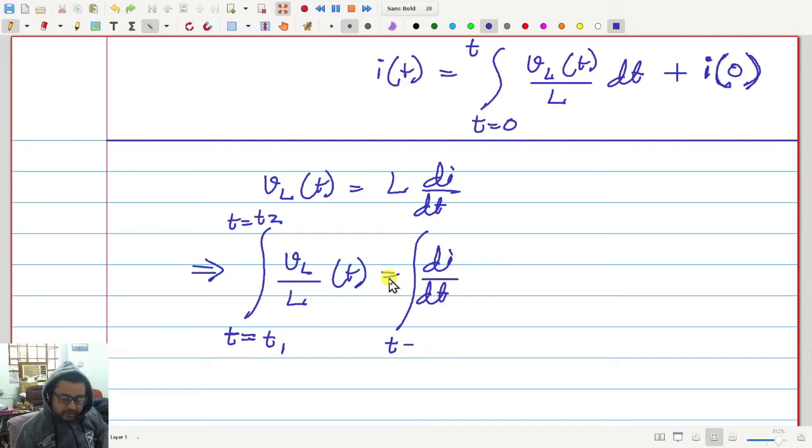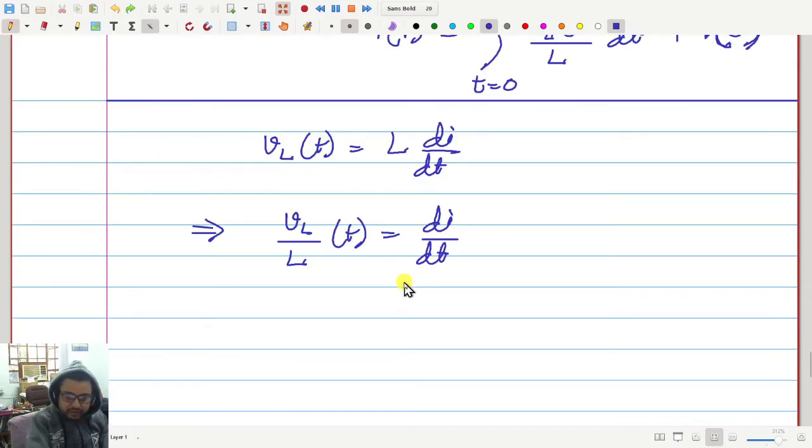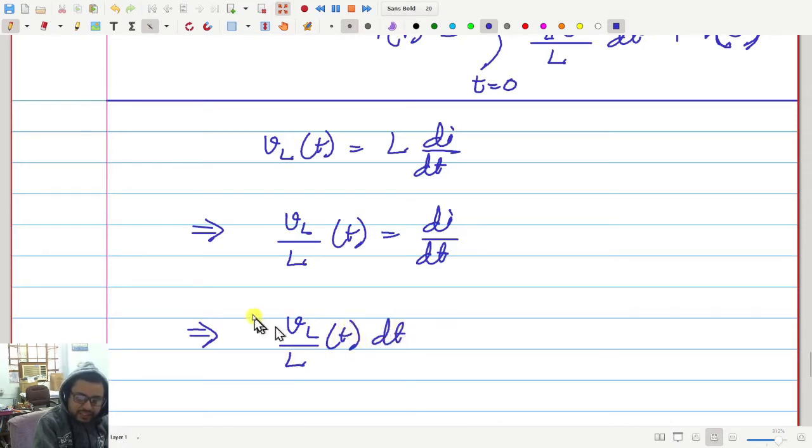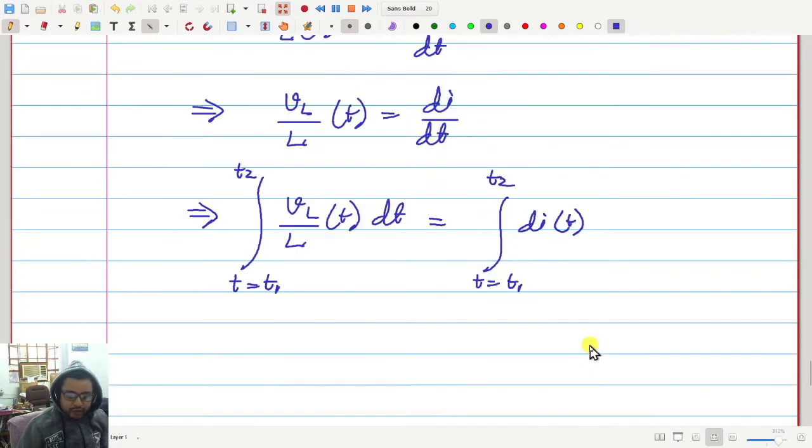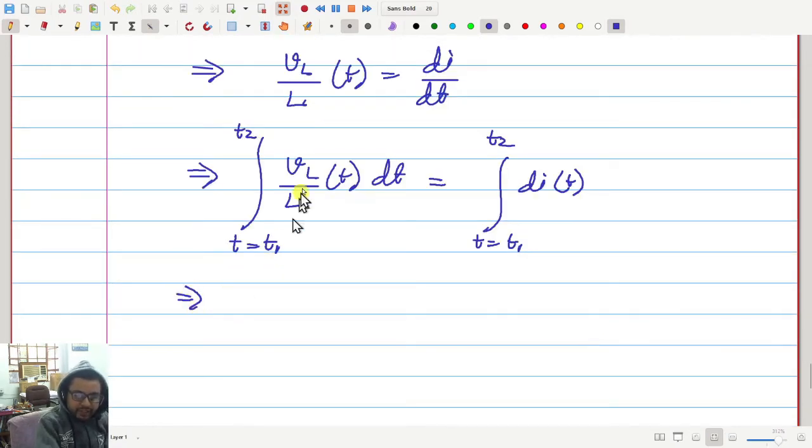Now you integrate from any time, suppose t1 to t2. Here also you have to do the integration from the same time, t equal to t1 to t2. Now the left side will become what?